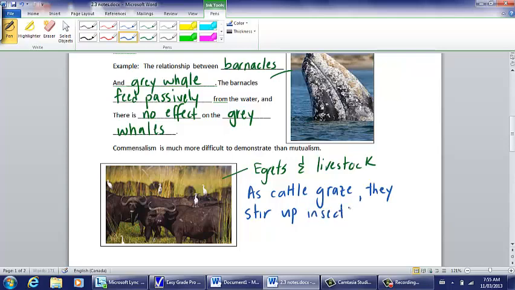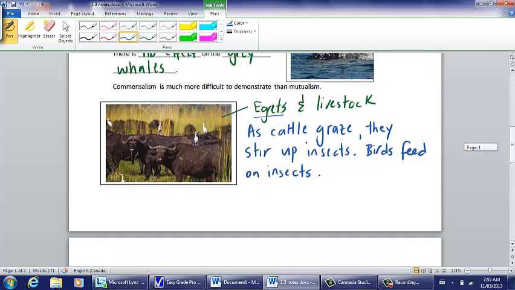The birds can feed on these insects, so they're benefiting. But the cattle don't notice. So birds feed on insects. Because the birds, the egrets, benefit and the livestock don't notice, it is commensalism.